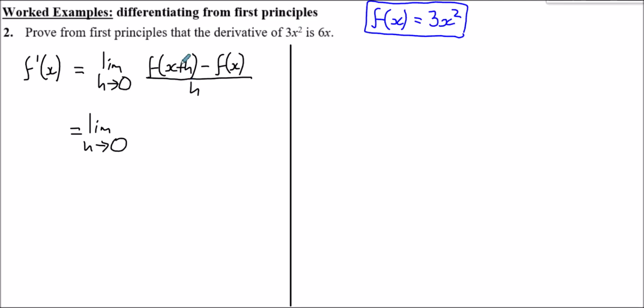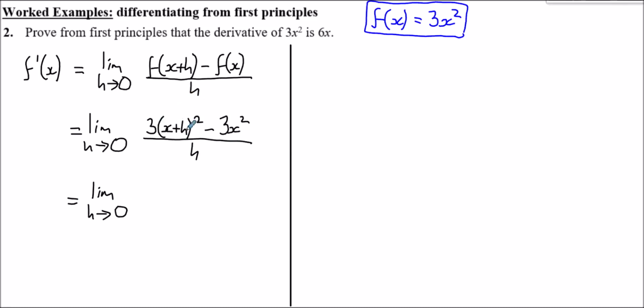If our input now is x plus h, then f of x plus h will be 3 lots of x plus h all squared, minus f of x, which is minus 3x squared, all over h again. Hopefully you can see now what we're doing, what the game is.